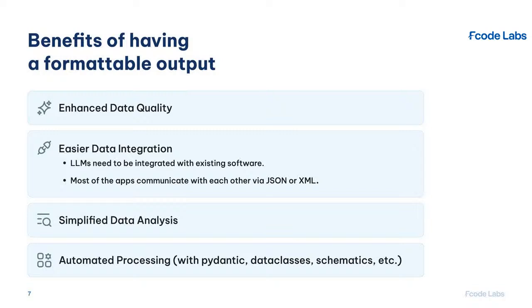So benefit wise, it will enhance the data quality. Quality means it will give a reliable output and also very accurate output. These LLMs we use them as a separate system.